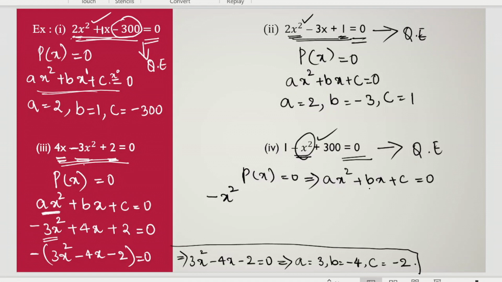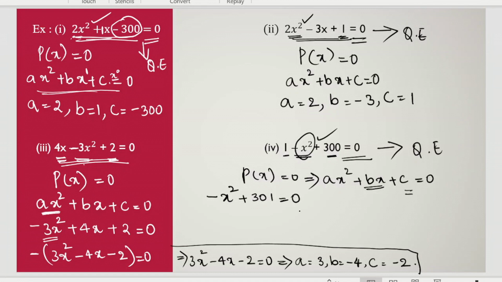And do we have any bx term here? No, we do not have any bx term, right? So we'll just leave it. And what is the constant term? We have 1 and we have 300. So take plus 301 is equal to 0.